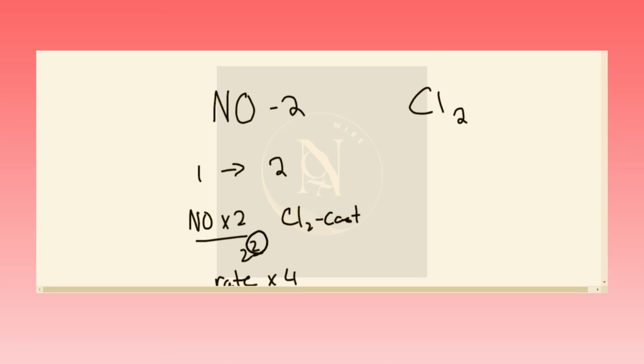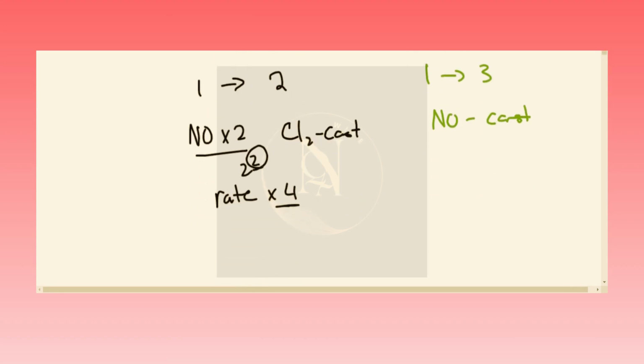To figure out Cl2, we can look at the difference between reaction 1 and 3. So in reaction 1, we have the same amount of NO, that's constant, but we have double the amount of Cl2 in going from reaction 3 to reaction 1.